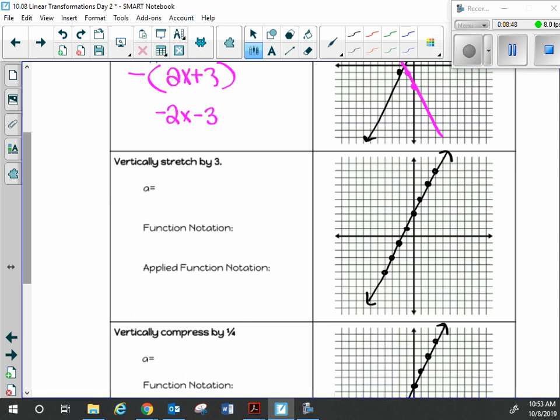It's steeper. I'm taking my line and I'm pulling it, but not only is it getting steeper, my y-intercept is also increasing as well. So I'm stretching by a factor of 3, which means that I'm going to take my function, f of x, and multiply the entire thing by 3.